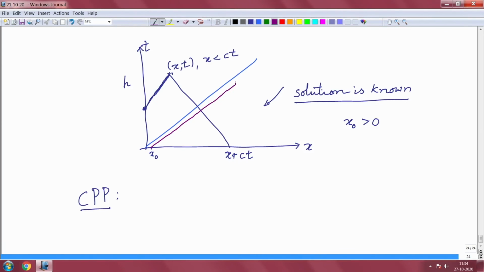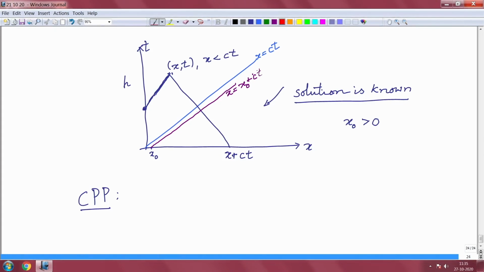This is the characteristic, and you can write this as x equal to x 0 plus c t. This blue one is x equal to c t, that is passing through the origin, and now this is passing through the point x 0. So, that is a characteristic.